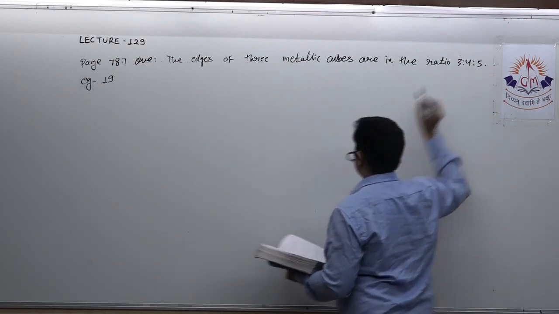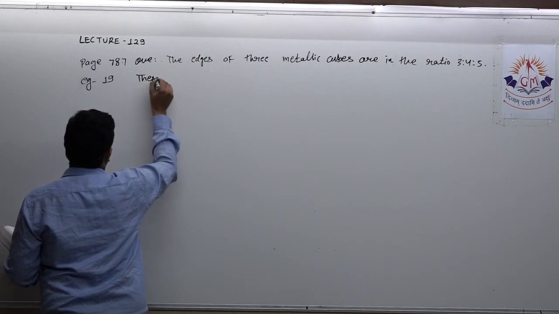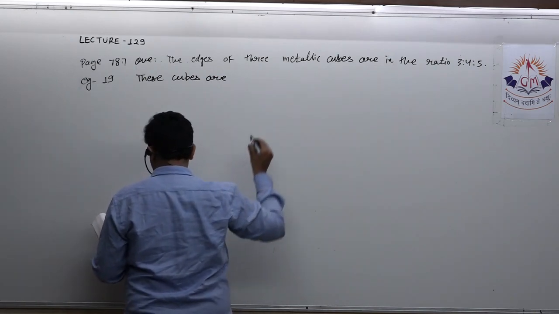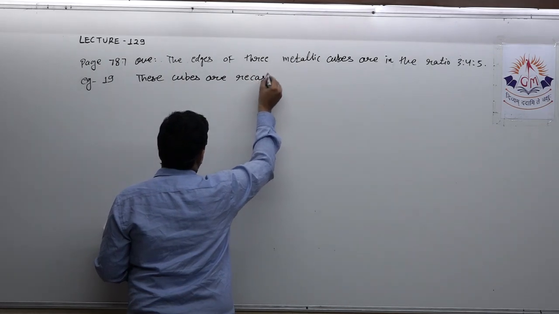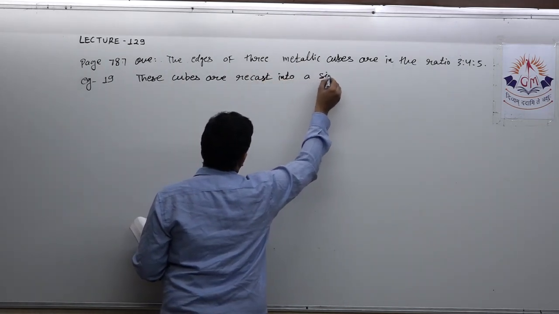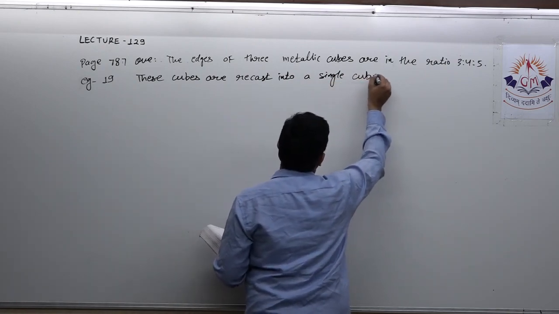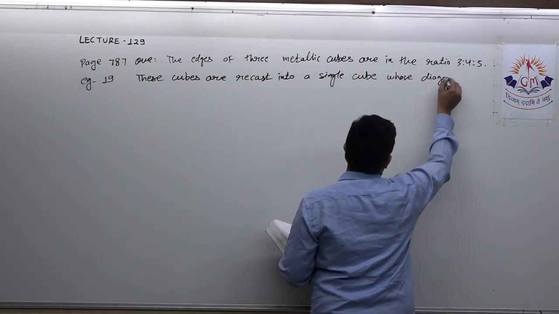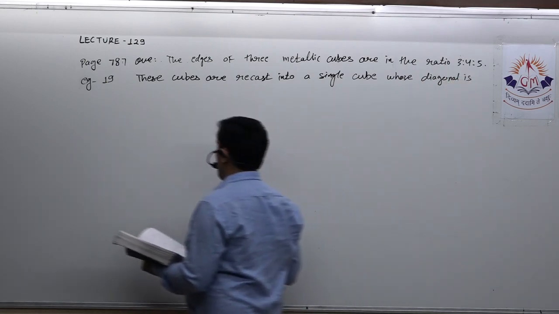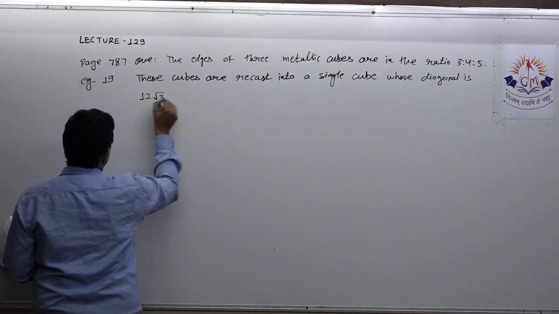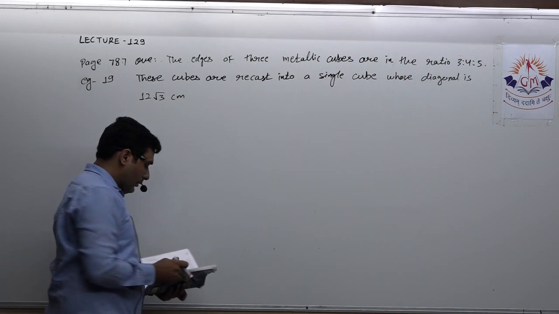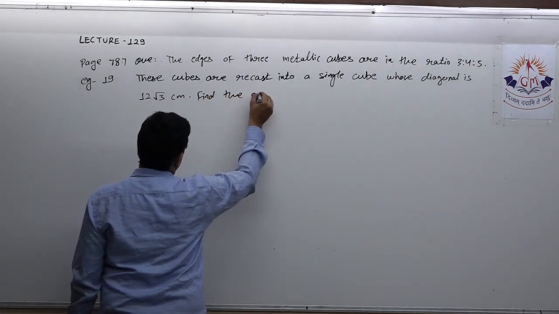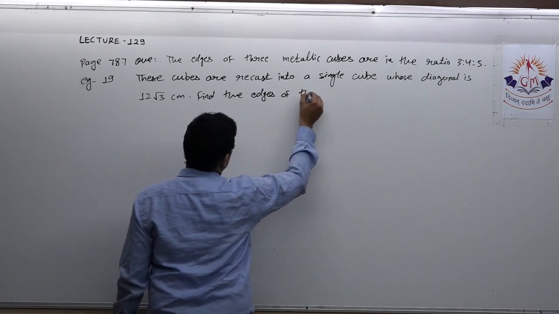These cubes are recast into a single cube whose diagonal is 12 root 3 centimeter. Find the edges of the cubes.